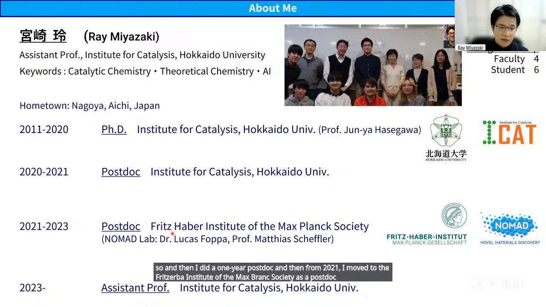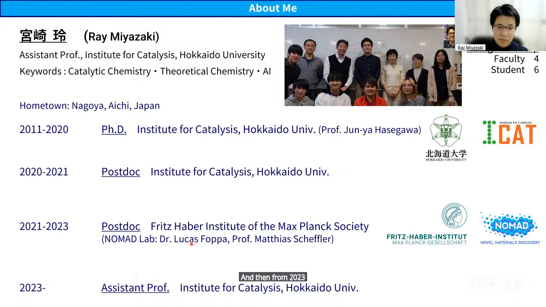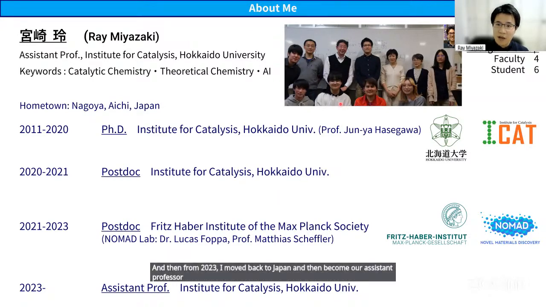At that time, I worked with Dr. Lucas Foppa and Professor Matthias Scheffler. Then from 2023, I moved back to Japan and became an assistant professor. So now I belong to the Hasegawa group. Now we have 10 members. It is a relatively small group, but I believe that we are a very active group.